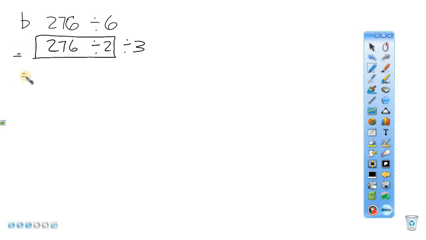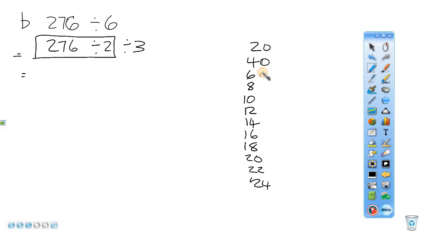Okay. Your first step to division? Write down your 2 times tables. Do it with me. Then your next step is to write a 0 at the back, and then we're going to find the closest number.